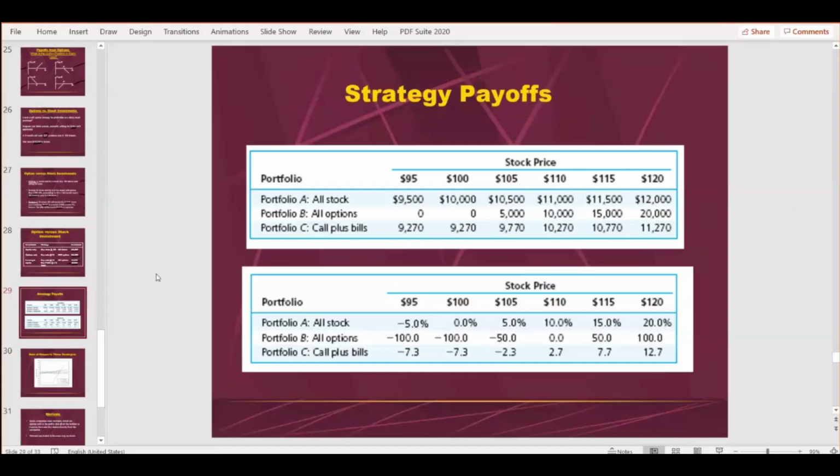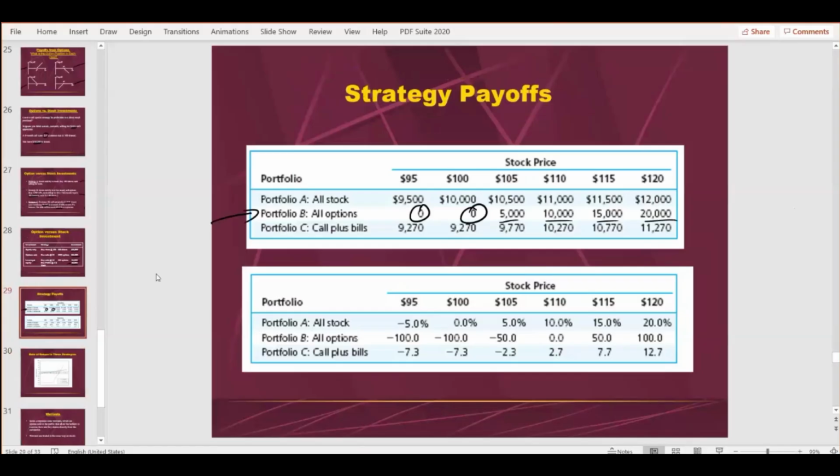And as you can see, the second strategy entails the highest level of risk, because if the stock price is $100 or below, I will end up losing the $10,000. I will lose all of my investment. However, if the stock price appreciates in value, I will have a positive payoff.